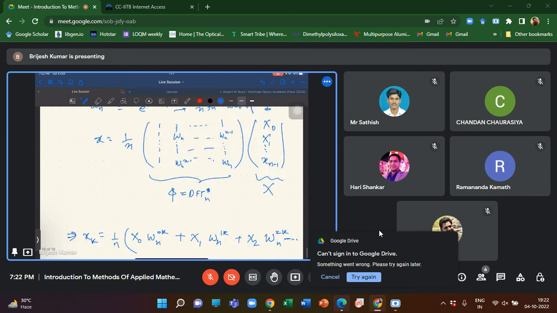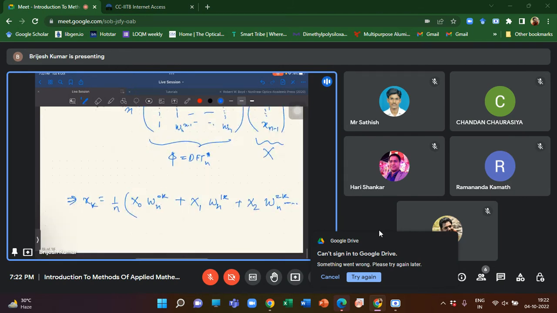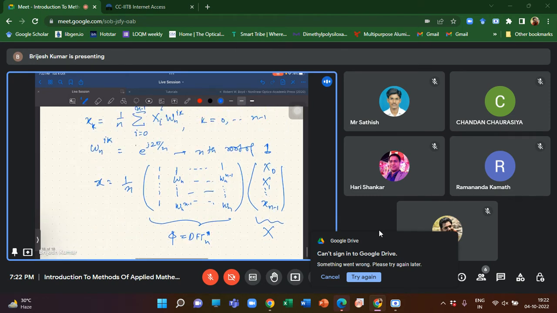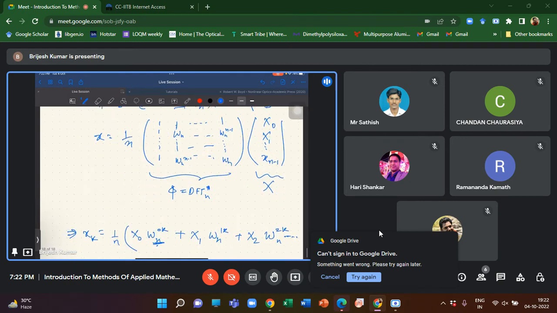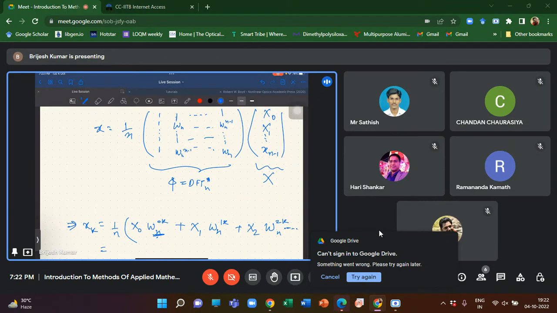Now if you multiply this one, this wn 0k will be 1. Similarly if you open this one, you will get 1 upon n.